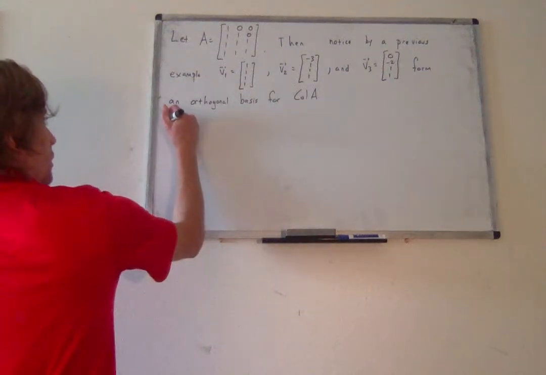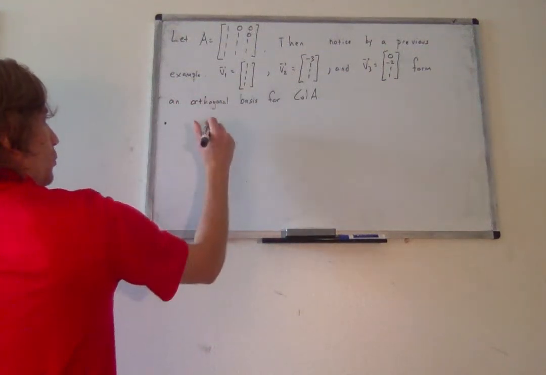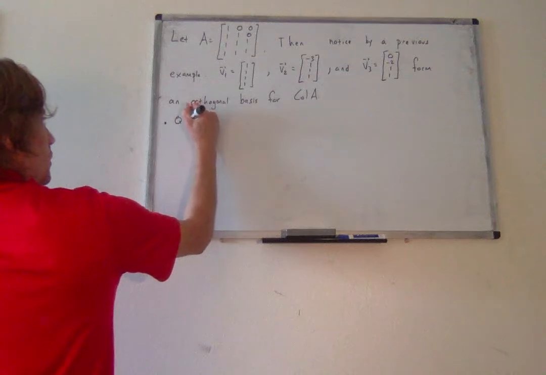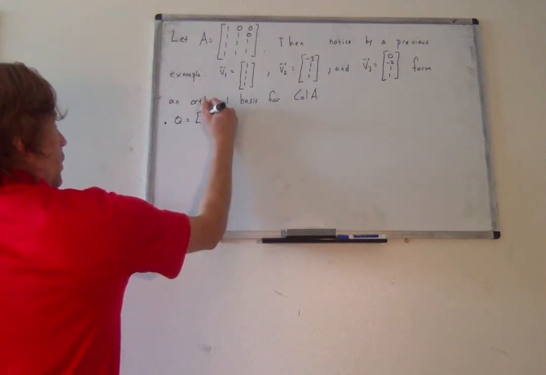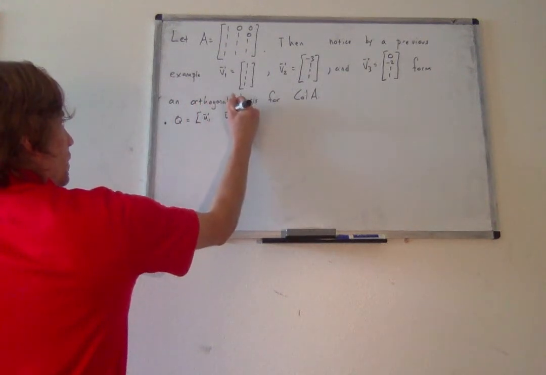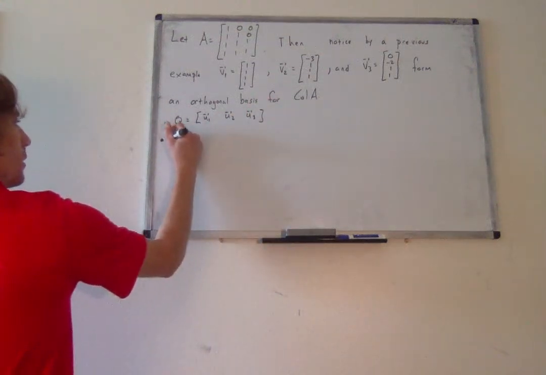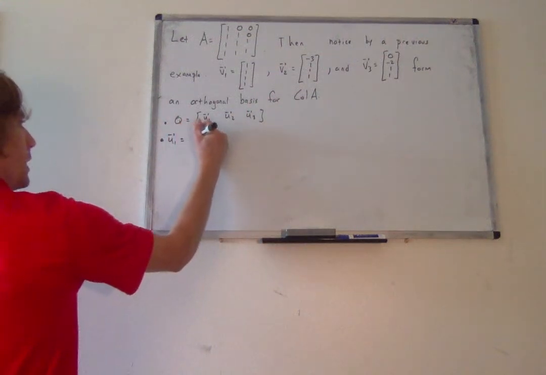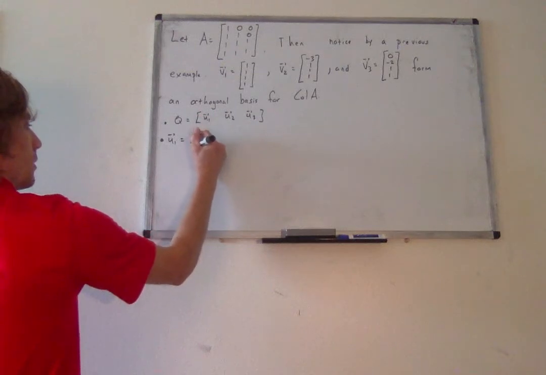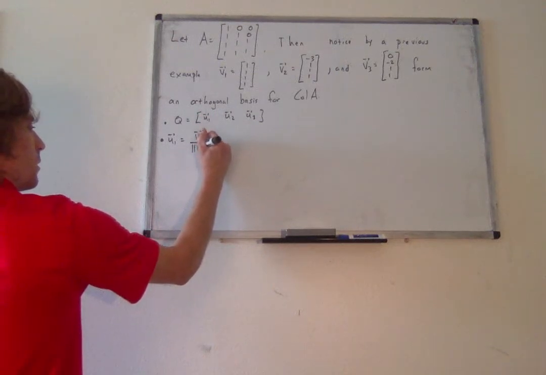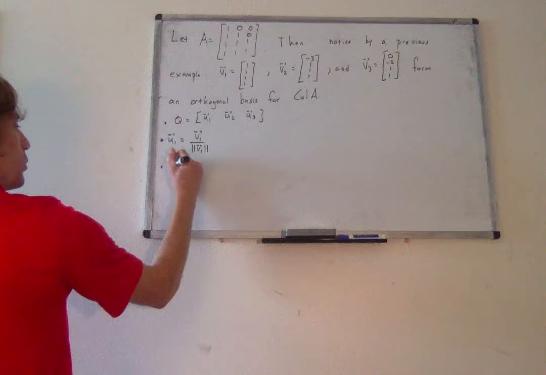So, in order to find Q, remember, we don't want v1, v2, and v3. We want u1, u2, and u3, where each of these vectors are the normalized vectors we previously found.